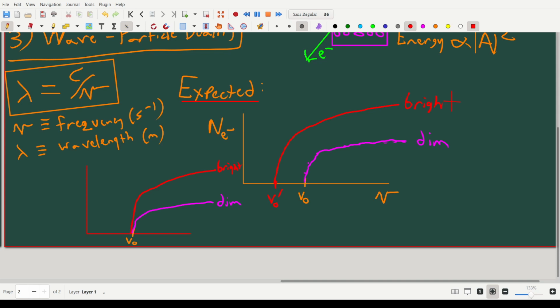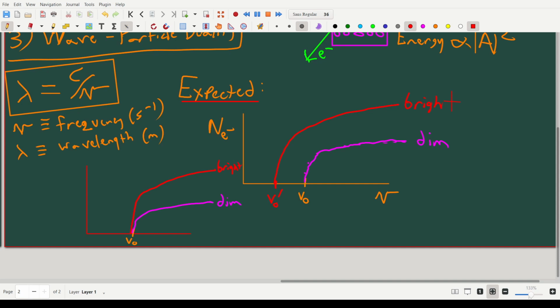Well, that means that the energy imparted by the amplitude of the wave really isn't imparting any energy into the electron. What's imparting energy into the electron is the frequency of the wave. Because regardless of the brightness, the electrons don't appear until a very specific number.